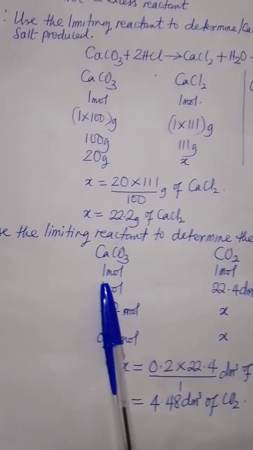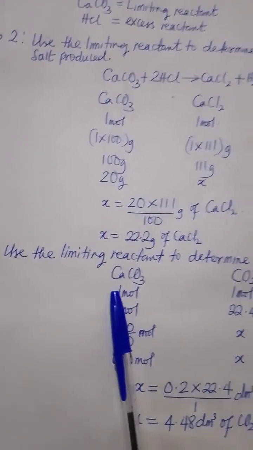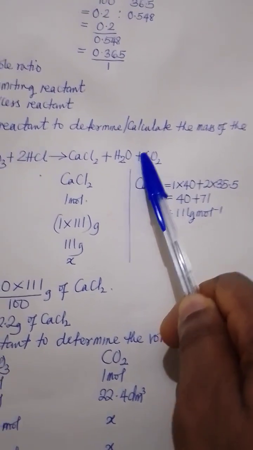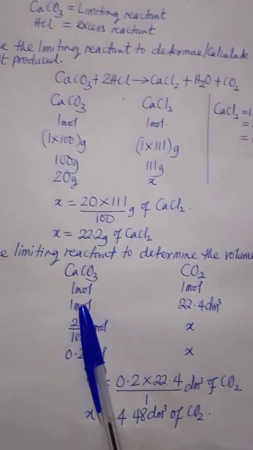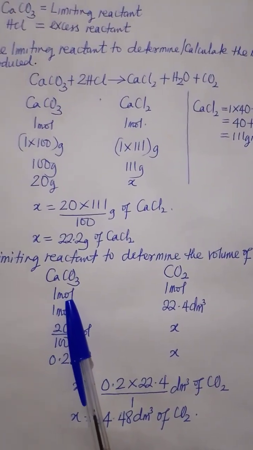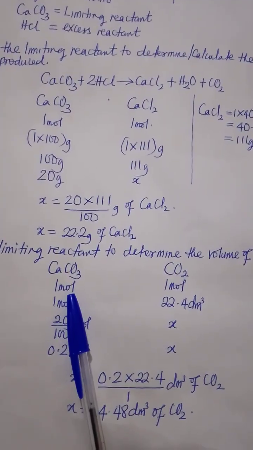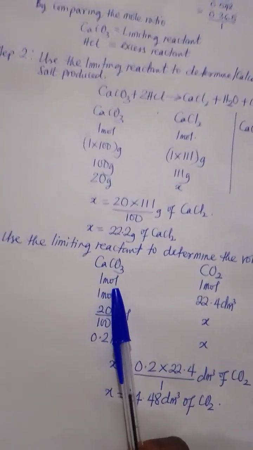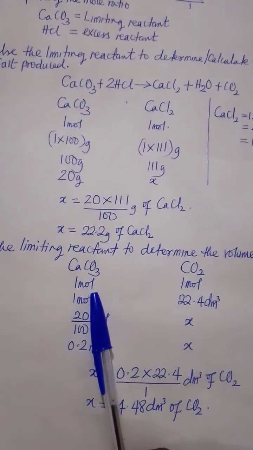Don't forget, from the equation we know it is 1 mole for CaCO3, and also from the equation 1 mole of CO2. Of course, don't forget that 1 mole of a gas occupies 22.4 dm³ at STP. Since we're converting mole to volume, we're required to get the volume of gas produced.